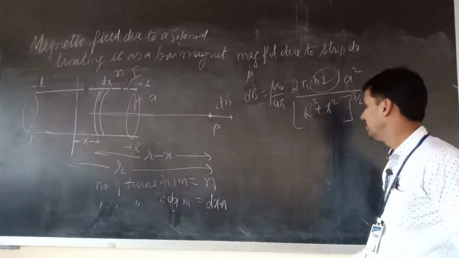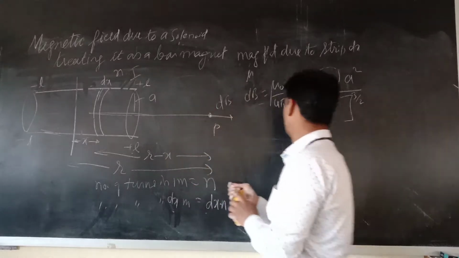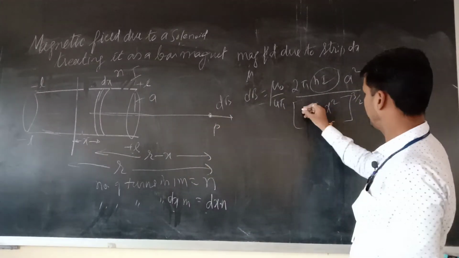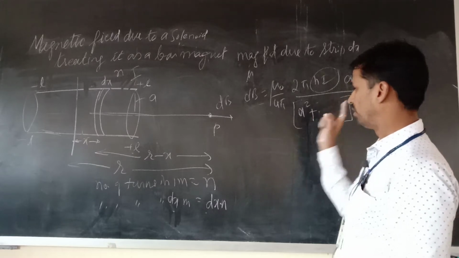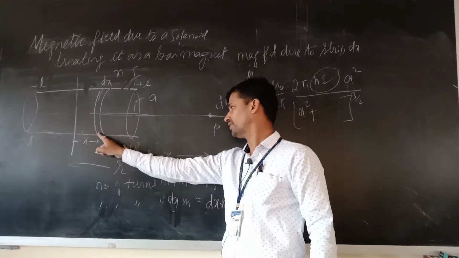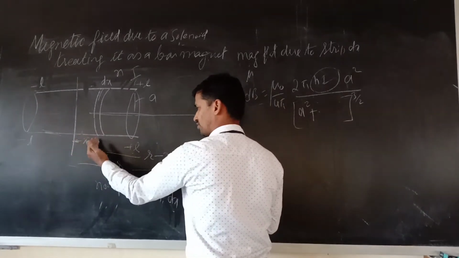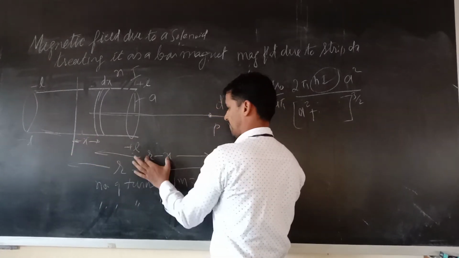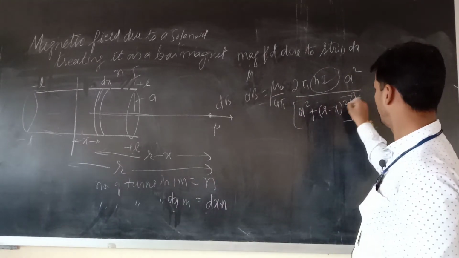Here r stands for radius; in our case the radius is a, so I will write a square. But what is the distance between the strip and point P? It is r minus x, so you should write (r minus x) the whole square.